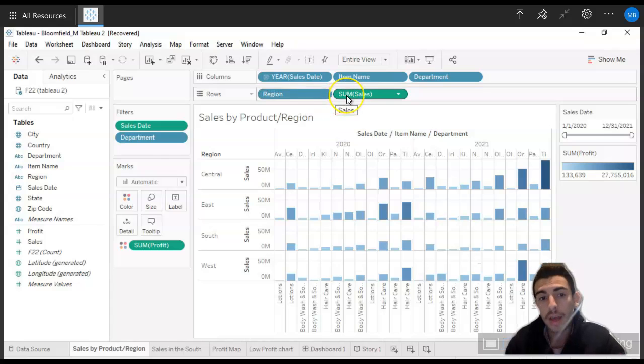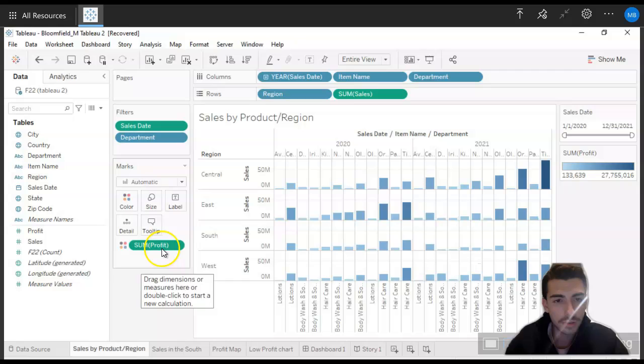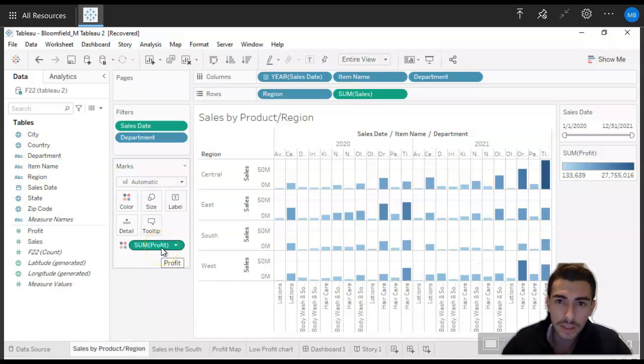and sum of sales. Also, I have included here sum of profit because sales is not sufficient information to know about something. We also need to know profit in order to know if it's a profitable thing. We can sell a lot, but have negative numbers.